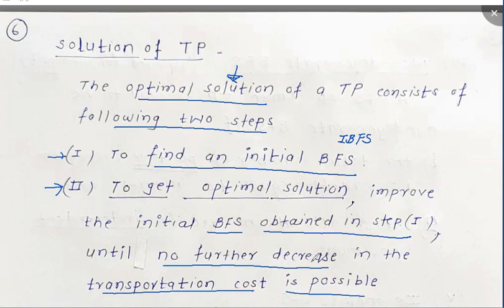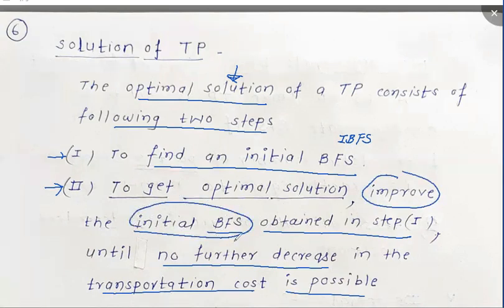So we have to improve the initial basic feasible solution until no further decrease in the transportation cost is possible. That is when we get minimum transportation cost.